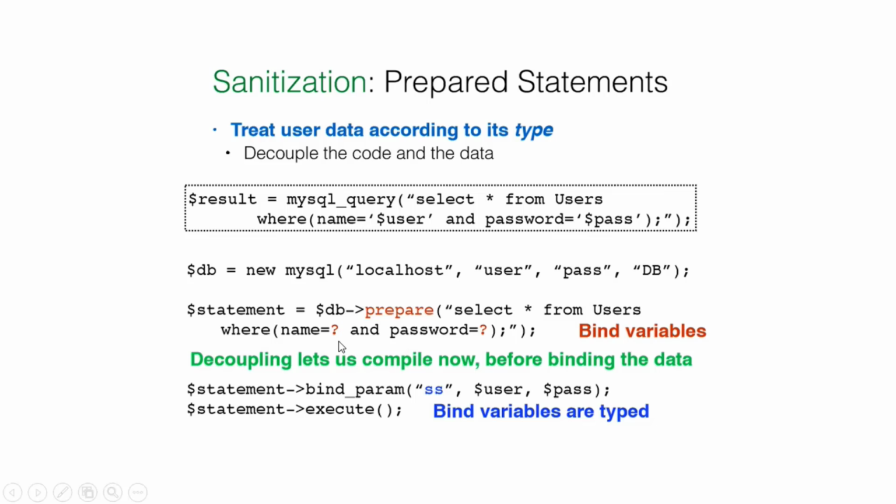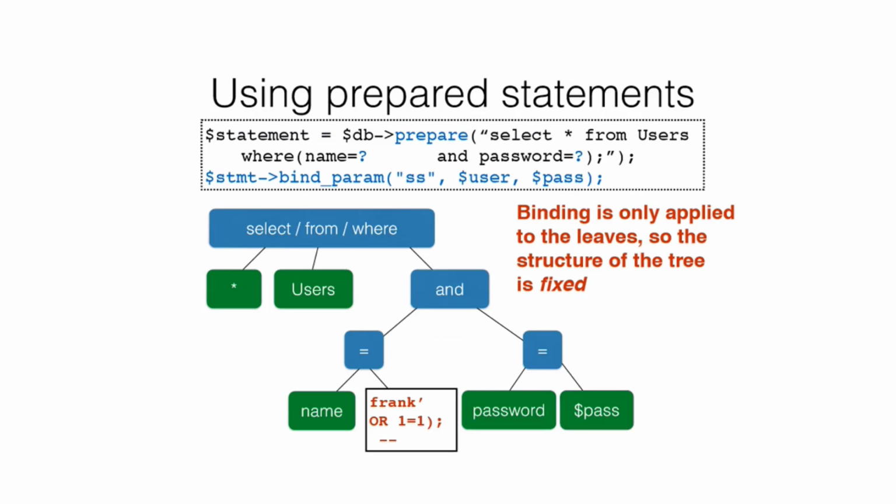We keep the question marks there, and then bind them later on, and then perform the execution. So this will not come in as a whole query. You can decouple things and compile the query before binding data. You can check what is coming into that variable, and if it's valid, then you allow it. That is one way.